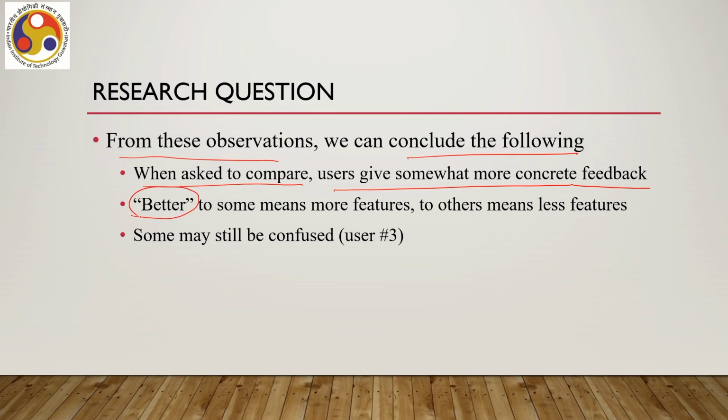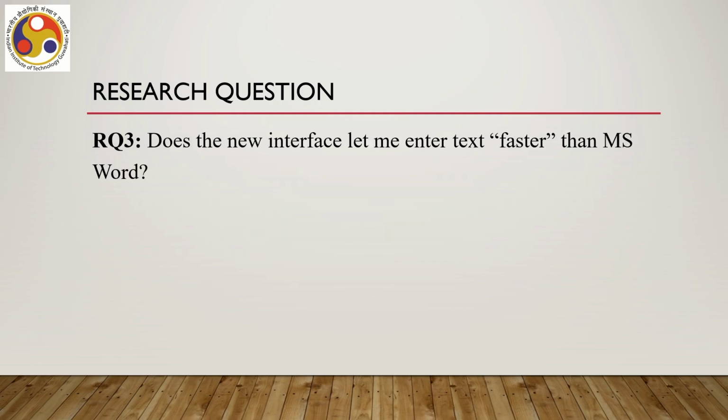Now, better to some means more features and to others means less features. That is very interesting to observe. Some may still be confused, say user 3. So, that still does not take us any closer to a definitive conclusion about the proposed system.